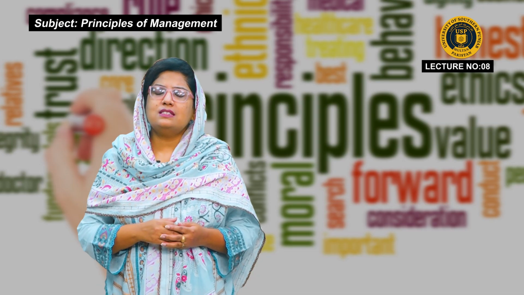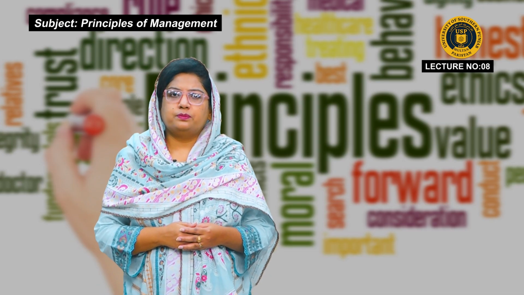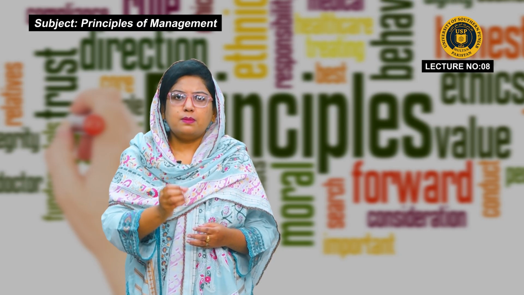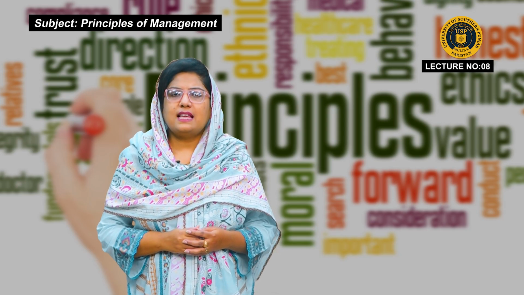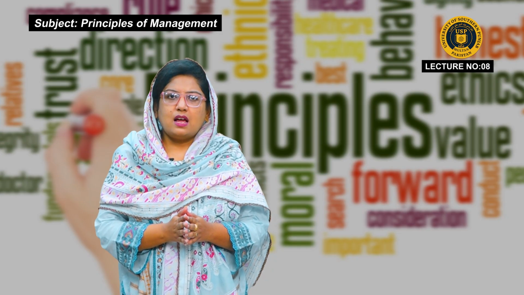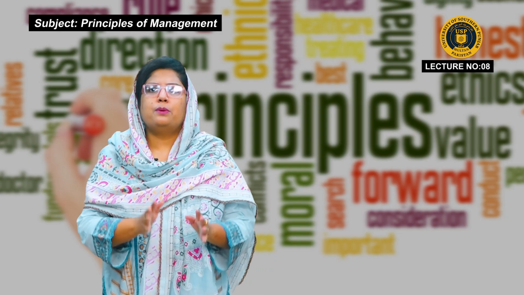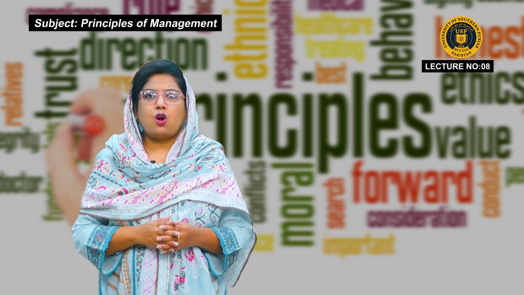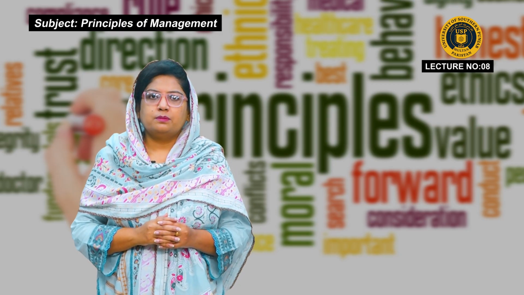The second model is bounded rationality. This concept, introduced by Herbert Simon, suggests that managers operate within limits. They don't have perfect information, unlimited time, or unlimited mental capacity.